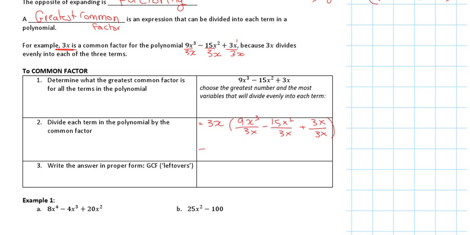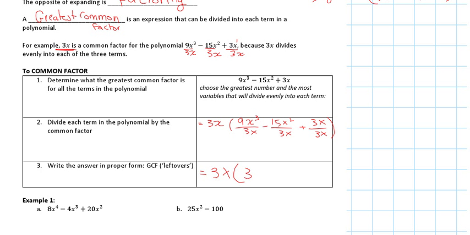After I do that, I can just write my answer with my greatest common factor outside, and then I can divide. What's 9 divided by 3? What's x cubed divided by x? Eyes on me for a second.